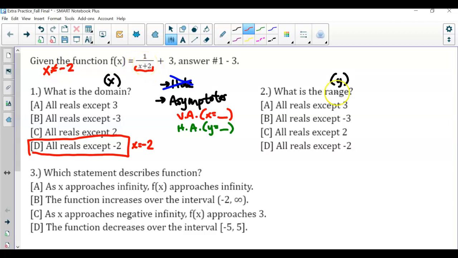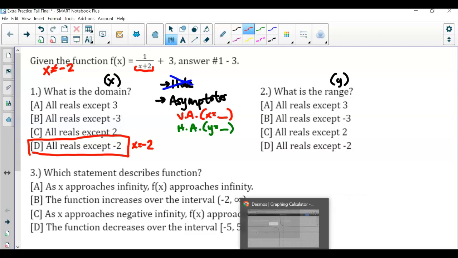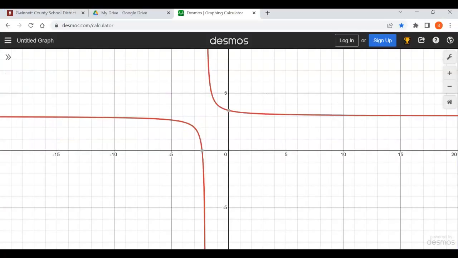Now question number two, what is the range? Now we're looking for the horizontal asymptote. What is y equal to? Again, I'm going to go back to the graph and notice here the y value. What is the horizontal line where the graph is approaching but never reaching? Notice how we're getting closer and closer to our y value of 3, but never reaching that y value of 3.